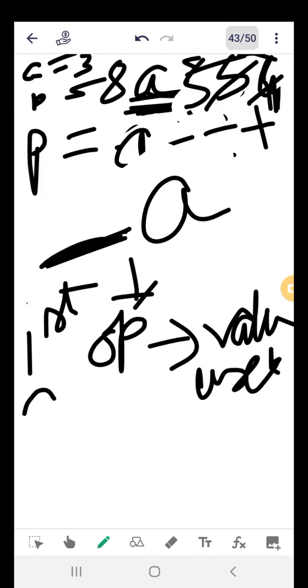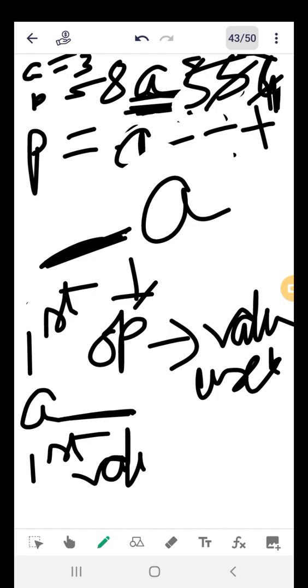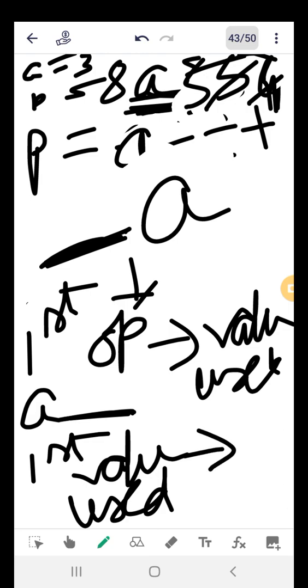But if the variable is present and then the sign is present, either plus plus or minus minus, then first the value will be used, then the operation will be done. Okay, I think you have made a note of it.